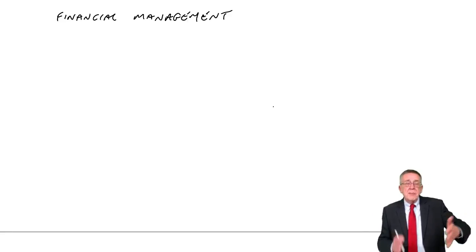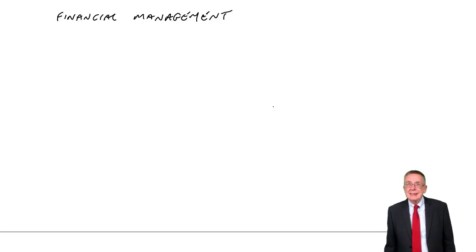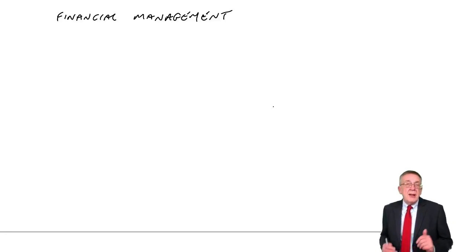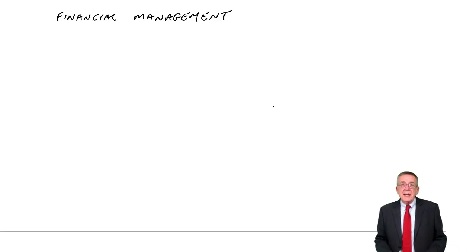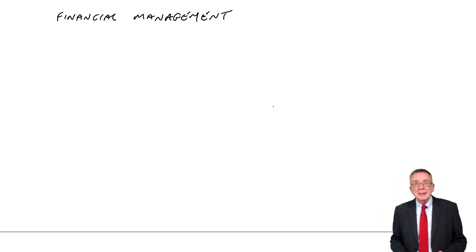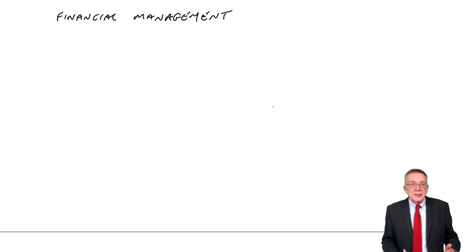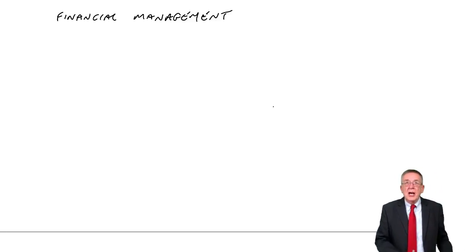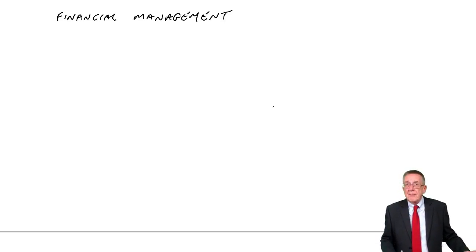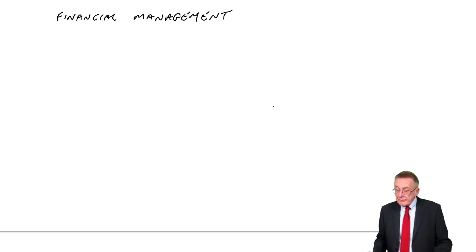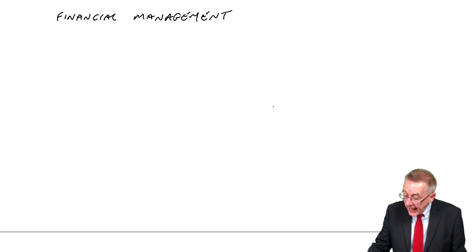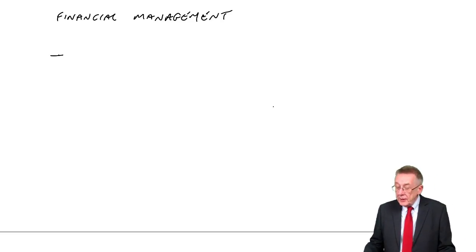Financial accountant effectively is reporting what happened last year, what was last year's profit, what was last year's loss. We're not interested in the management accountant, paper F5, because the management accountant is looking much more at the short term, budgets for next year, decisions about what price to charge next year, and so on. Financial manager is more concerned with the long term, and there are 4 main areas that they're concerned with.